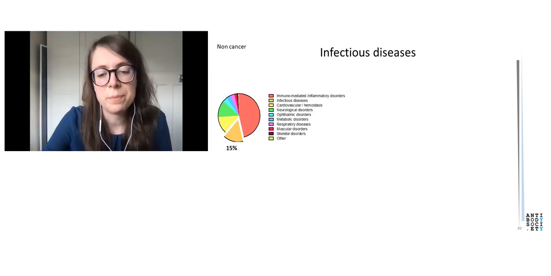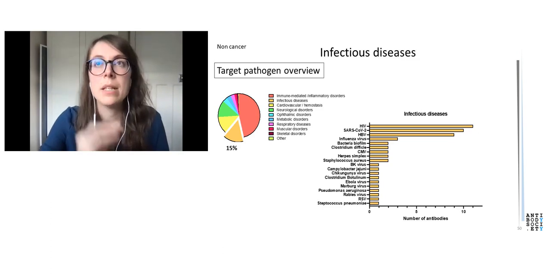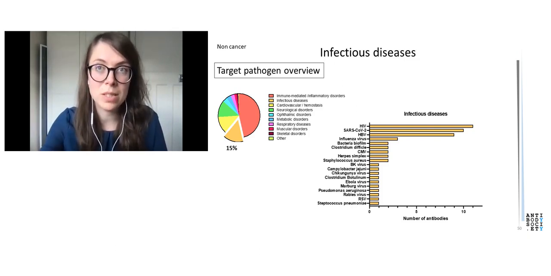Infectious disease. This accounts for 15% of the non-cancer group. And I'm providing you an overview of the target pathogens. Of note, we consider in this group only antibodies that directly target the pathogen or the host receptor for the pathogen.